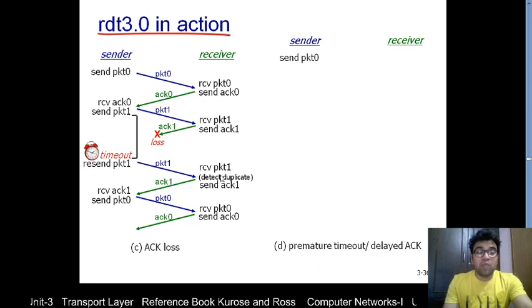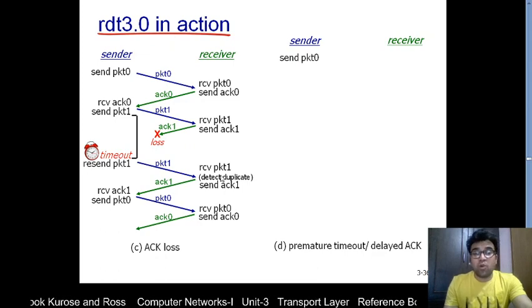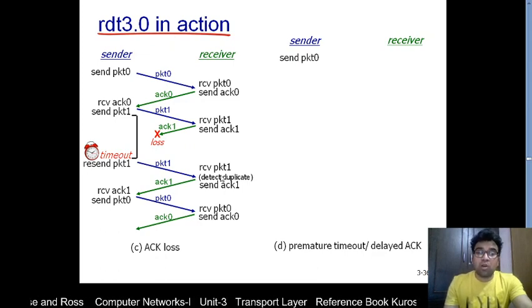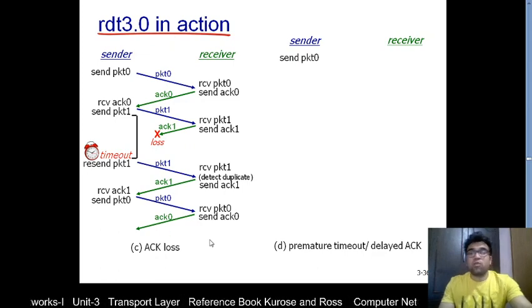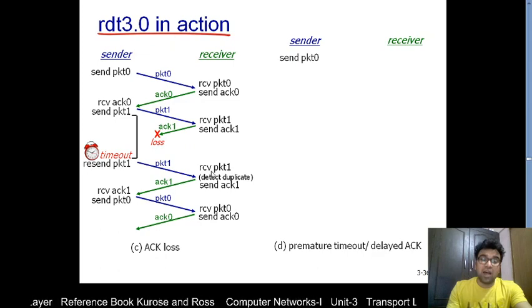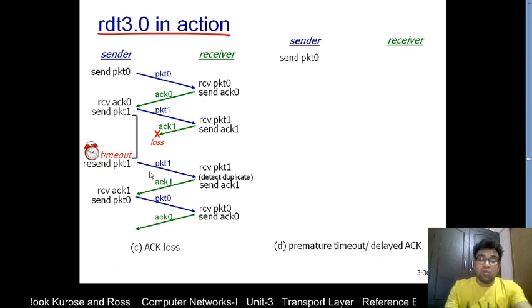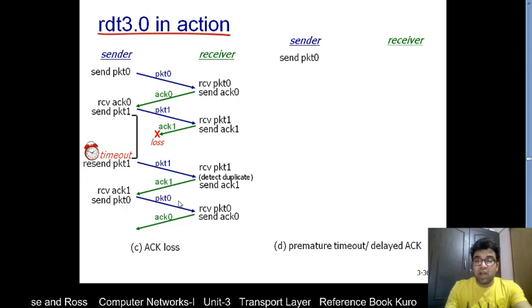So the sequence numbers we are using in this protocol, 0 and 1, help it to detect redundant, duplicate or retransmitted packets. So in this case of acknowledgement loss, a duplicate packet is detected at the receiving side and will be deleted afterwards. That is how this protocol works and provides you reliability.